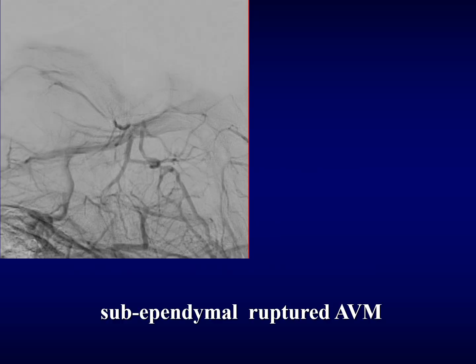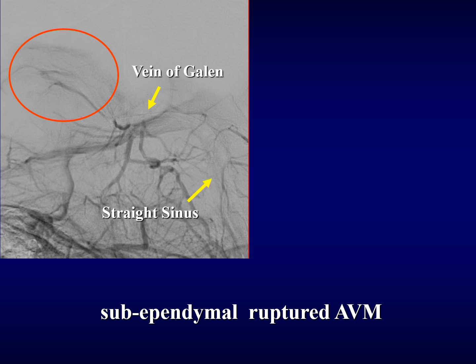As an example of this subependymal ruptured AVM, you might see the AVM there. This is the vein of Galen, and this is the straight sinus.